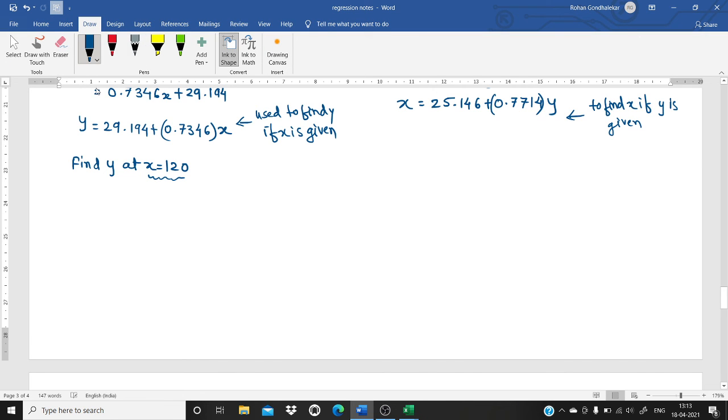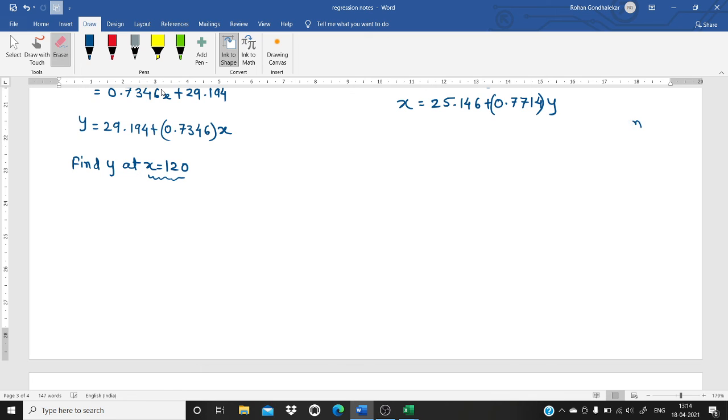Now, right now in this problem, find y at x is equal to 120. So what is given here? X is given. So x is given means we are going to use this equation. We'll use the line of regression y on x to find y at x is equal to 120. So therefore y is equal to 29.194 plus 0.7346 into x.